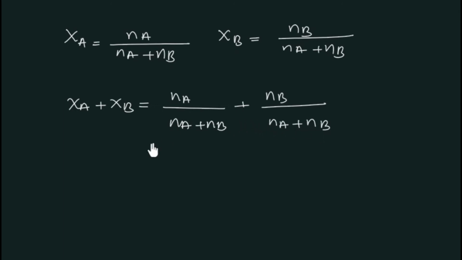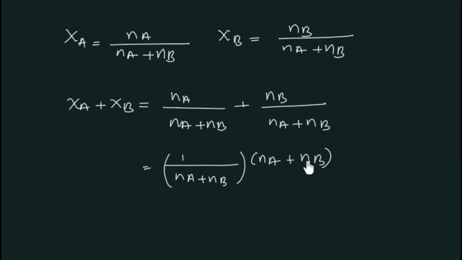Now you can see that 1 divided by Na plus Nb is a common term. These two identical terms get cancelled, and ultimately we get the answer equal to 1.